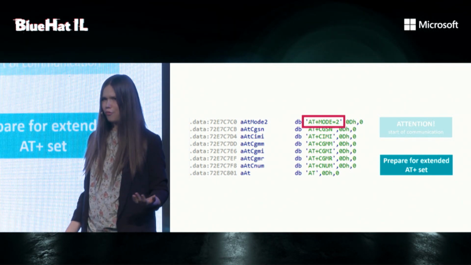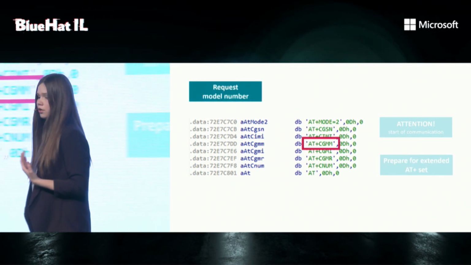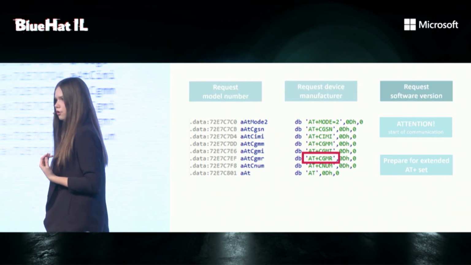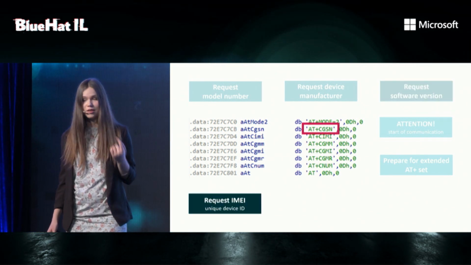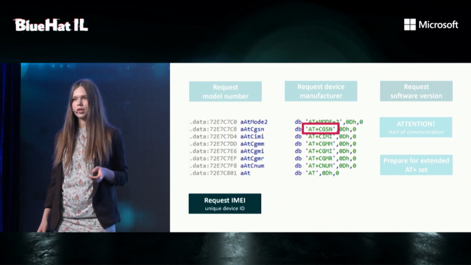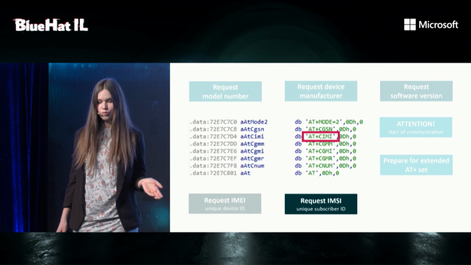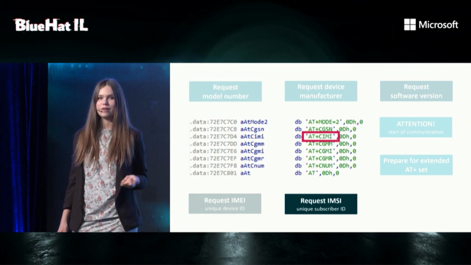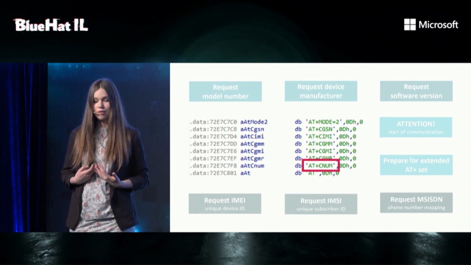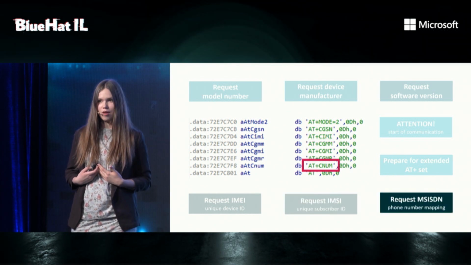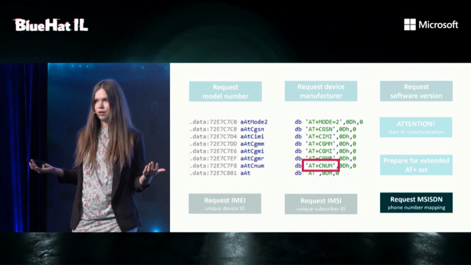And then there are more interesting commands, such as retrieving model number, device manufacturer, software version, and then the IMEI number, which is a unique identifier of the device, the IMSI number, which is a unique identifier of the device subscriber or the owner of the SIM card, and finally the MSISDN number, and that's the mapping between the owner identity and a telephone number.